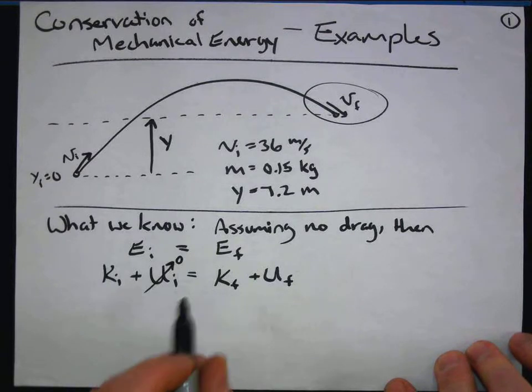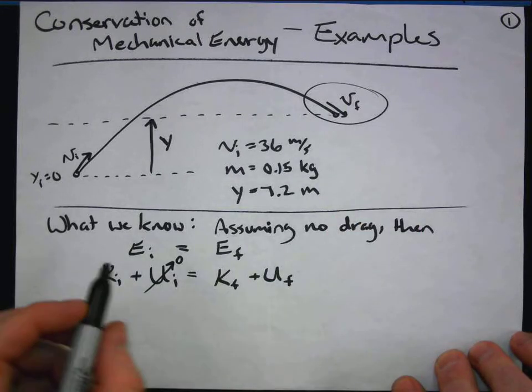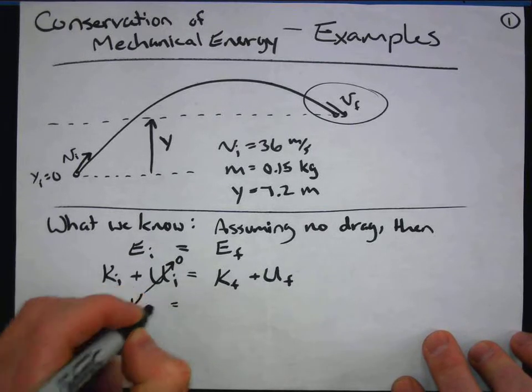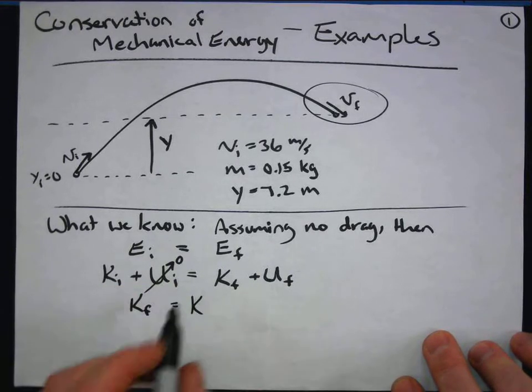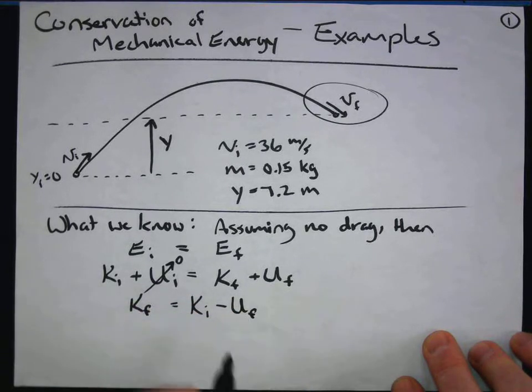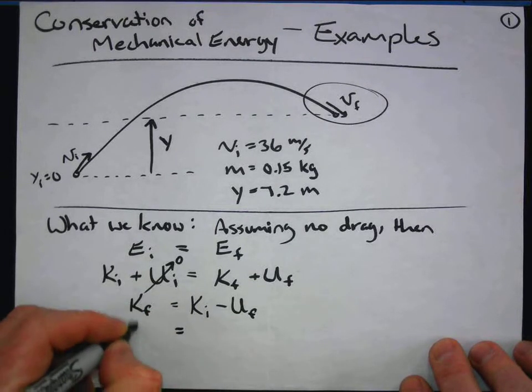And in order to do that, we have to first really solve for the final kinetic energy of this ball. Solving for final kinetic energy is going to leave us with initial kinetic energy minus the amount of stored energy, the amount of potential energy in the final location. Okay, we can start to break these down a little bit for ourselves.